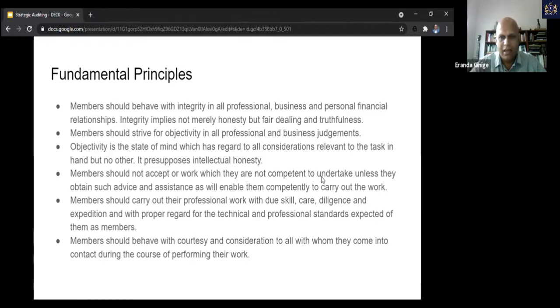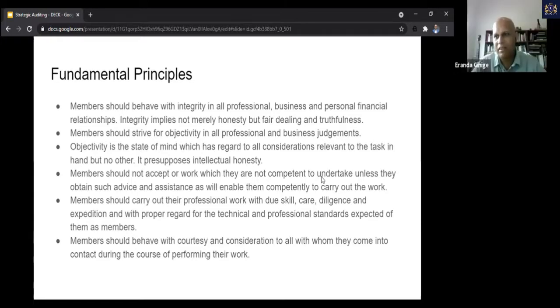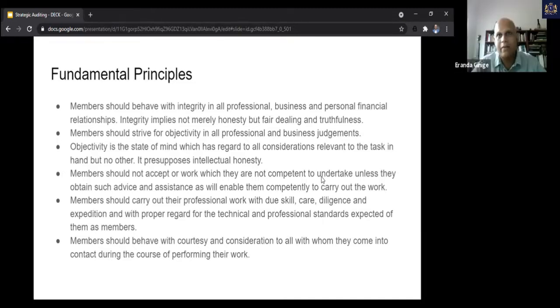But anyway, it's part of their job, and members should behave with courtesy and consideration to all with whom they come into contact during the course of performing their work. Yeah, courtesy. Courtesy, again, it's a very abstract term. Yes. I think common courtesy, maybe they can say thank you if you give an answer, but they would never say, wow, that's really good, well done for doing that, right?